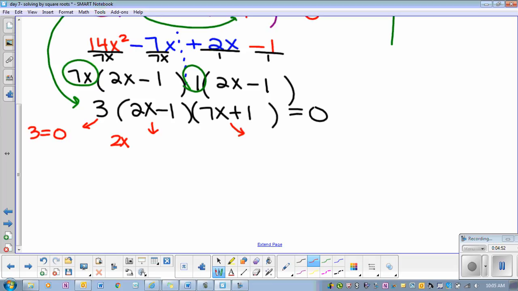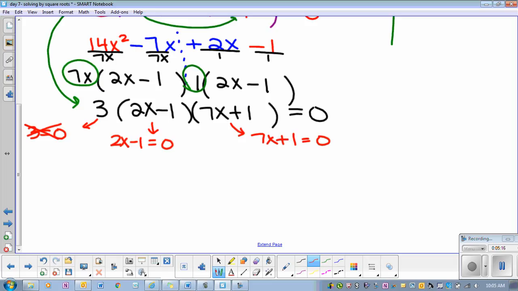I have 2x minus 1 equals 0. I have 7x plus 1 equals 0. Hold on. 3 equals 0. Is that right? Is there even an x here that I can solve? No. So it's just throw it out. I don't need it.